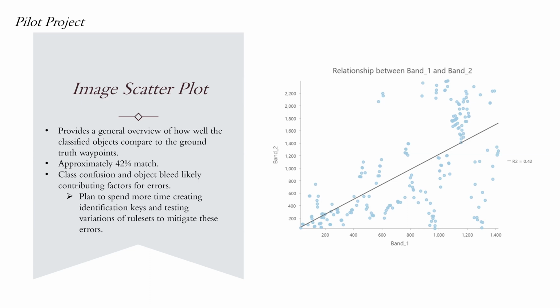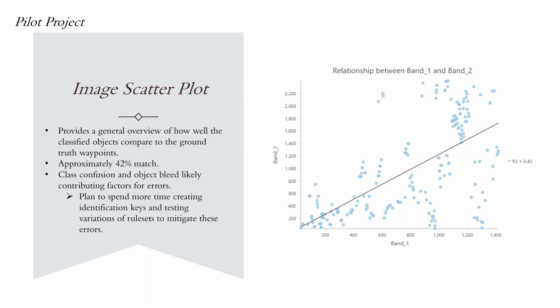ArcGIS Pro has a tool to make an image scatter plot when data is formatted in this way, and the results look like the plot on the right here. This provides a general overview of how well the classified objects compare to the ground truth waypoints, with about 42% of the areas I extracted matching up to the ground truth data.